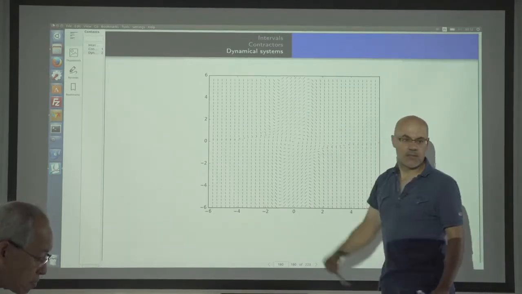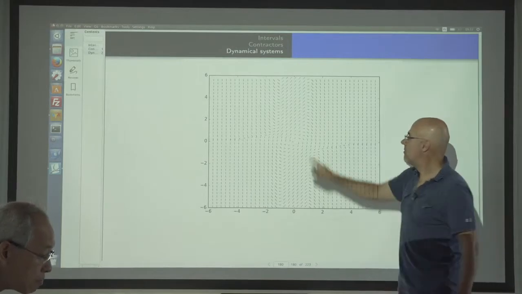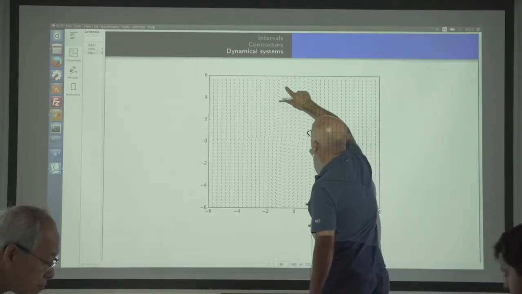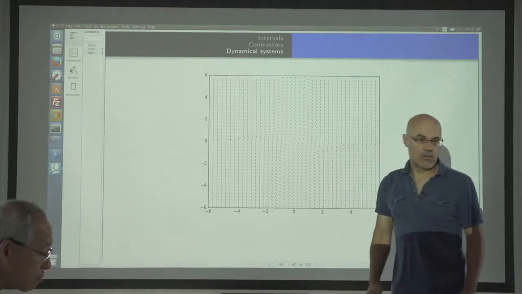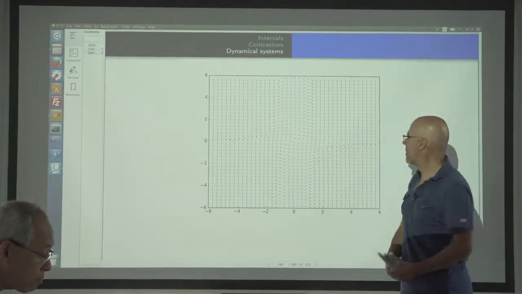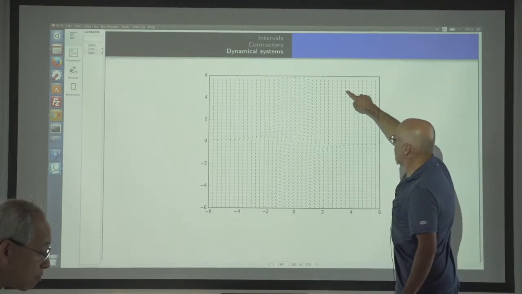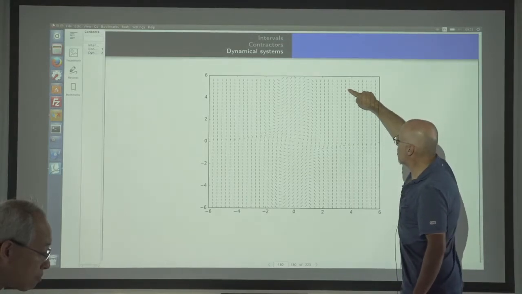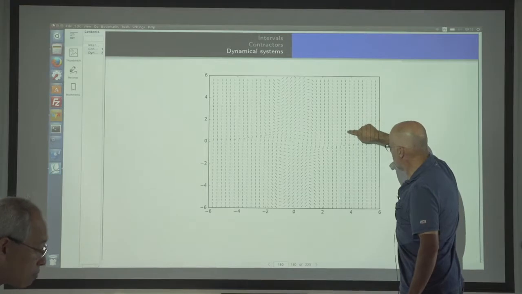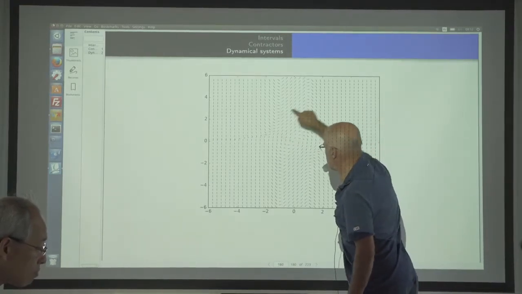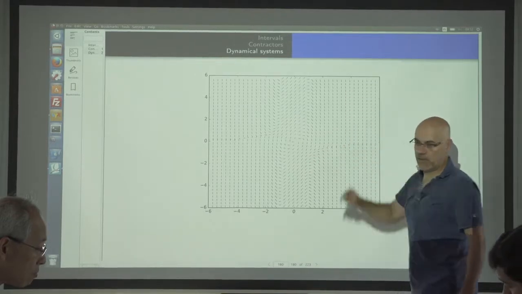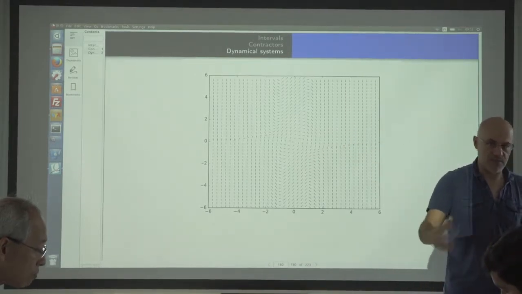This point. You follow the arrow, I go outside, so this point does not belong to the largest positive invariant set. This point, it belongs to the largest positive invariant set. I will check, I follow the arrows, and I converge to the cycle. Yes. So this point belongs to the largest positive invariant set.